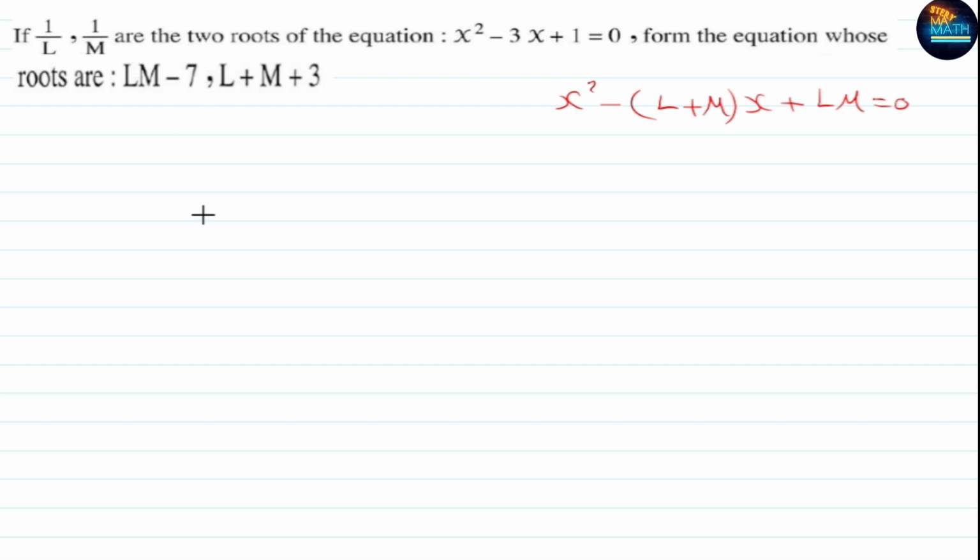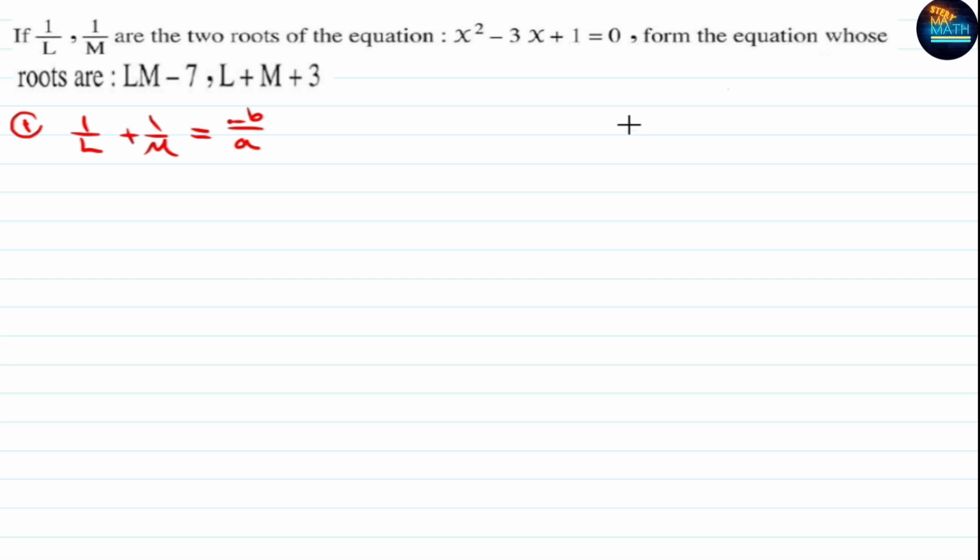So we can get L and M from the given equation. So here in the first equation, x squared minus 3x plus 1 is equal to 0. If we need the sum of the two roots, remember that the first root is 1 over L and the second root is 1 over M. So the first rule is the sum. 1 over L plus 1 over M is equal to negative B over A. So we need A, B, and C from the given equation.